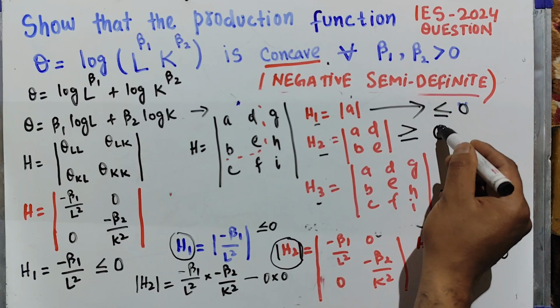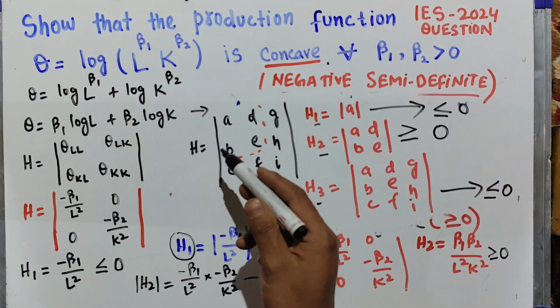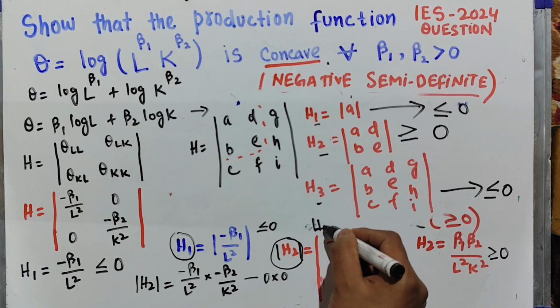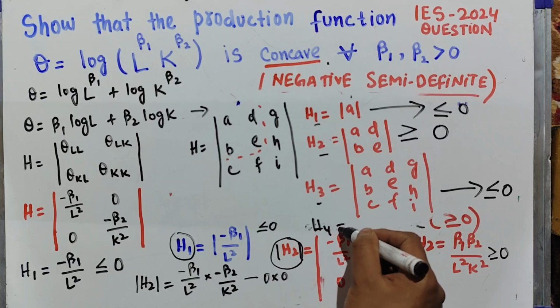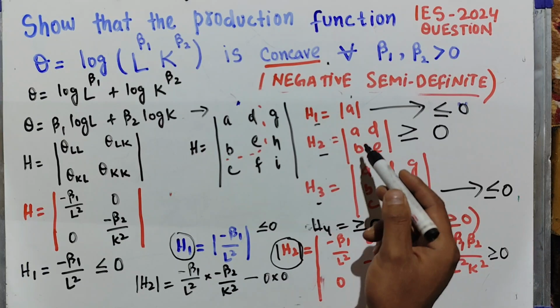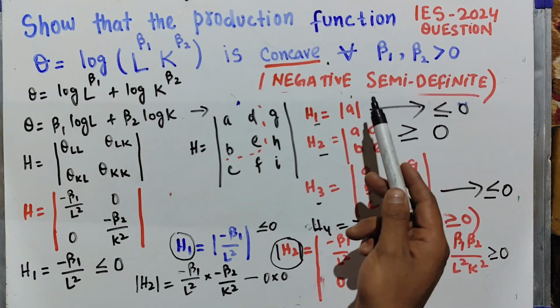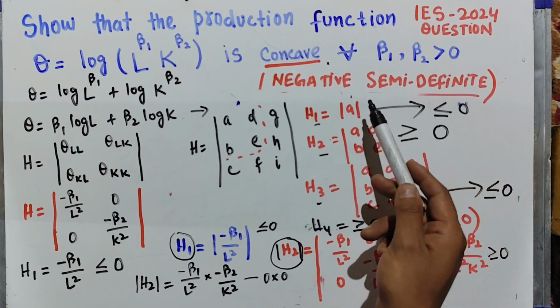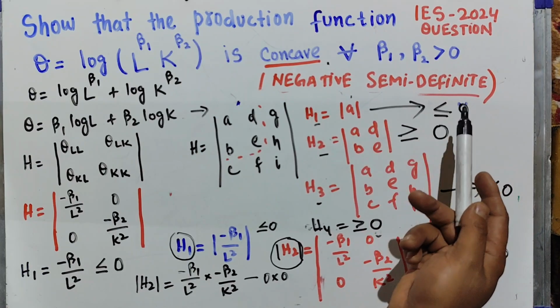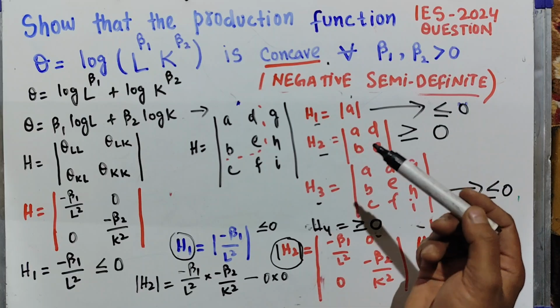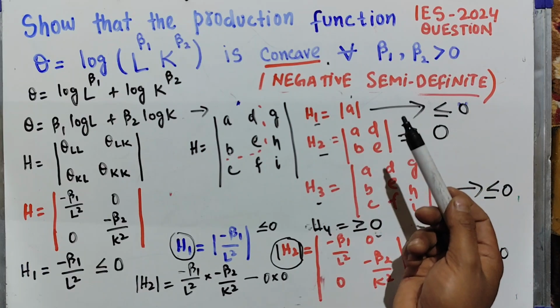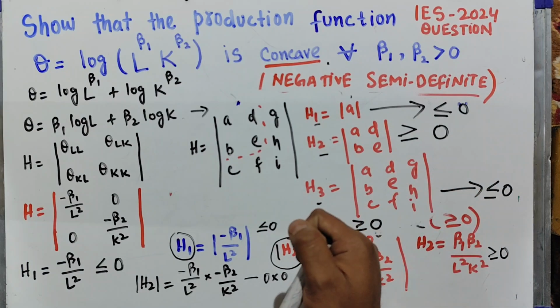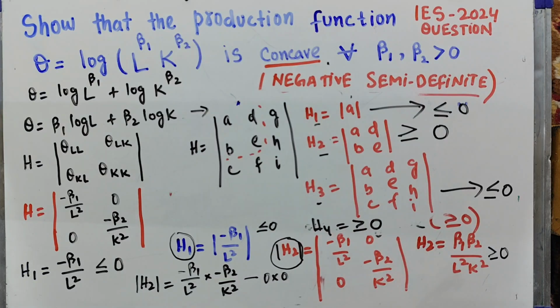If we had a 4 by 4 matrix, then H4 would also need to be greater than or equal to 0, and we would say the given matrix is negative semi-definite. Negative semi-definite satisfies the condition for concavity of the given function. I hope I make myself clear in this video. Thank you.